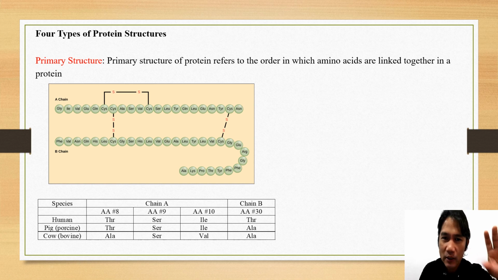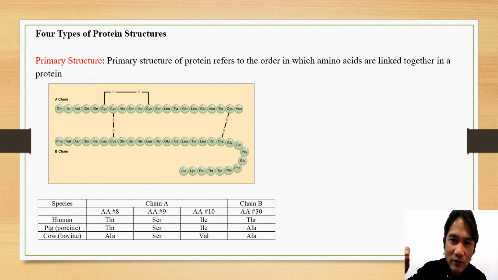So the N terminal is at your left side. If you read from left to right, the N terminal is the amino acid at the leftmost, and the C terminal amino acid is the amino acid at the rightmost.